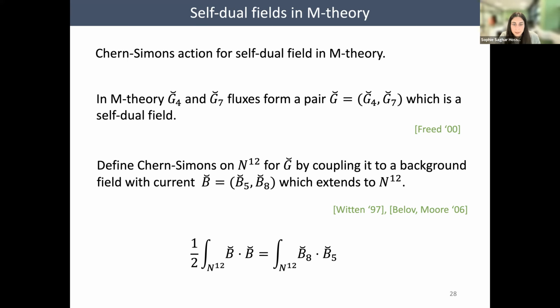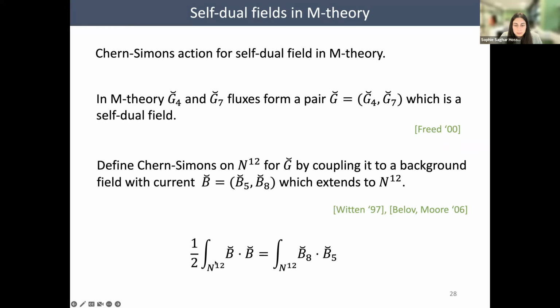And we can similarly couple this field G to some background B and define a Chern-Simons action for it. So here we would also go one dimension higher. So M theory is 11 dimensional, and then this would be a 12 dimensional Chern-Simons for the field G.